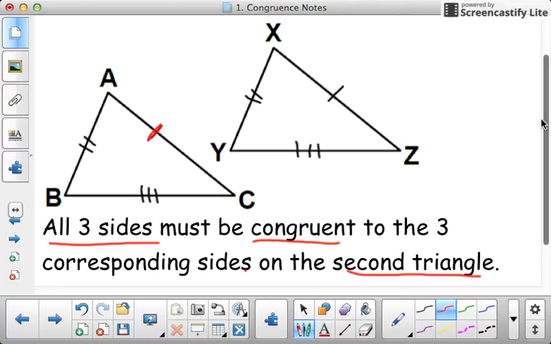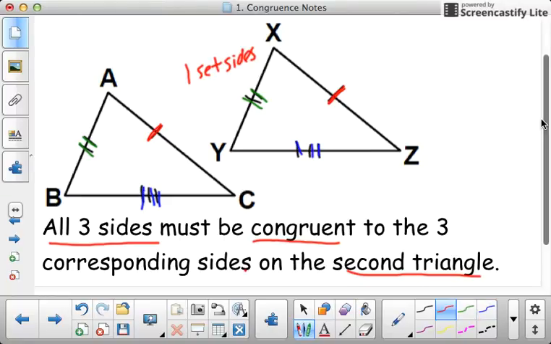I notice that AC is congruent to XZ. So that's one set of sides. And then I can say AB is congruent to XY. That's another set of sides. And then finally, I could say BC is congruent to YZ, and that's my third set of sides.